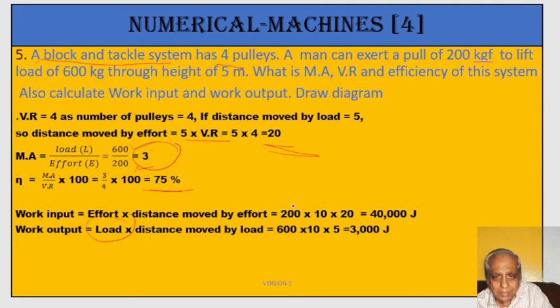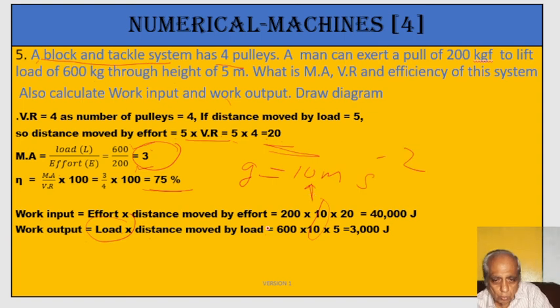200 kgf is the effort and 600 kgf is the load. Why multiply by 10? They are in kgf. So to get Newton, I have to multiply by g. So I am assuming g equal to 10 meter per second square.